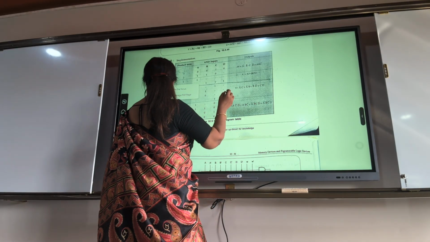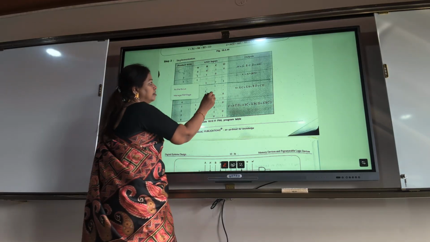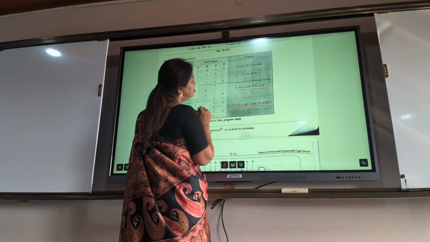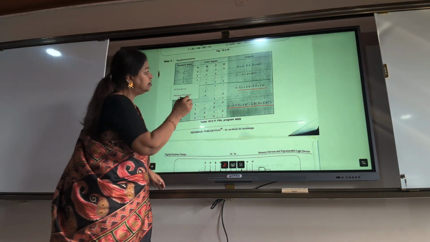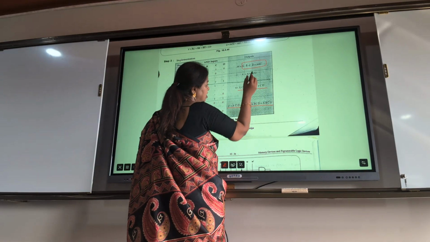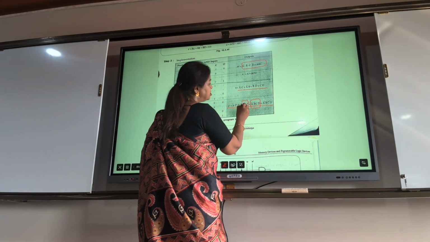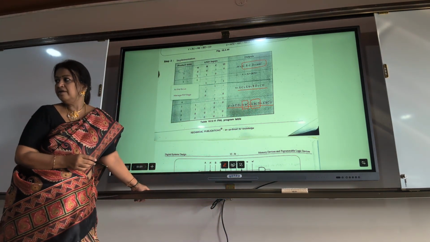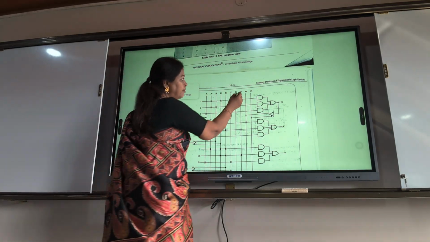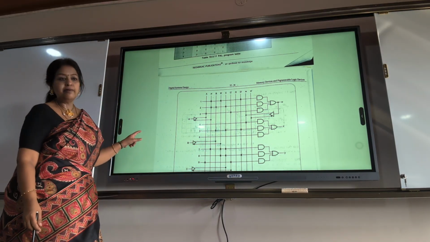So here we need 4 product terms. Here you have 4 product terms, and here you have 4 product terms. So what they are doing is taking W, A dash, B dash, C, B dash, A, B, C dash. That term is already available in your output W. So here they are drawing one more line, W, that is, they are bringing W instead of having a larger number of terms.